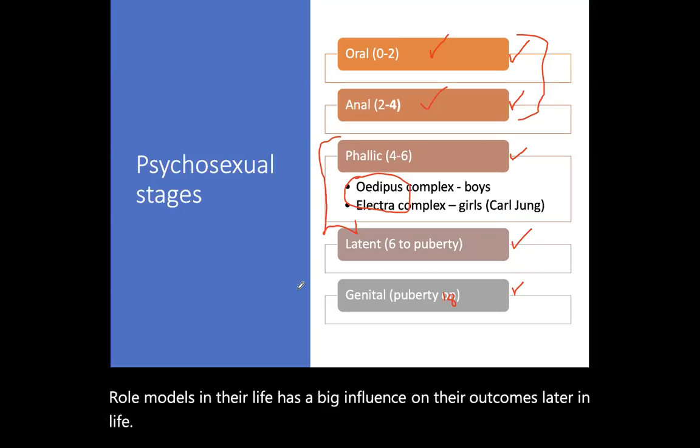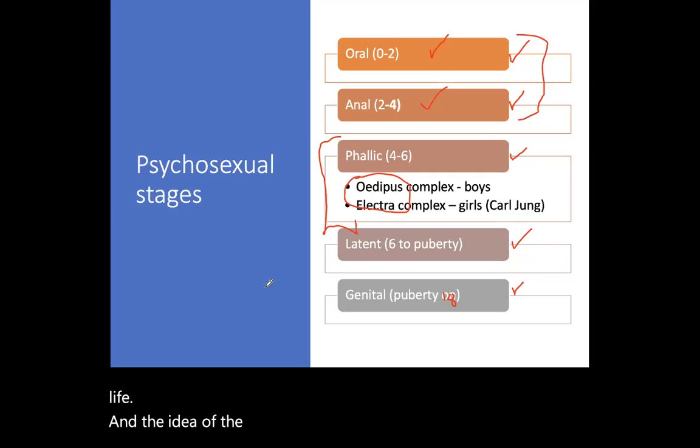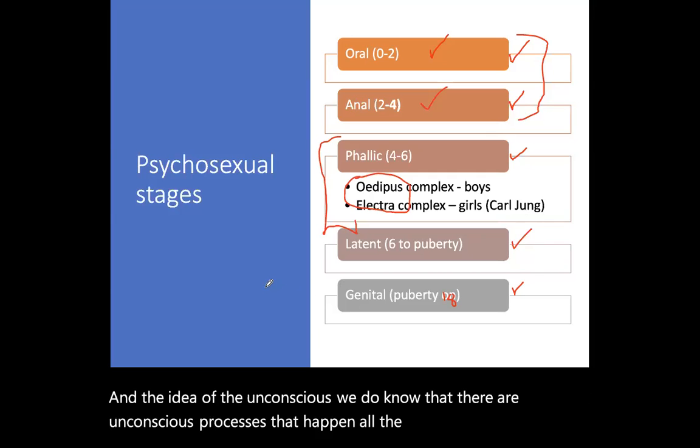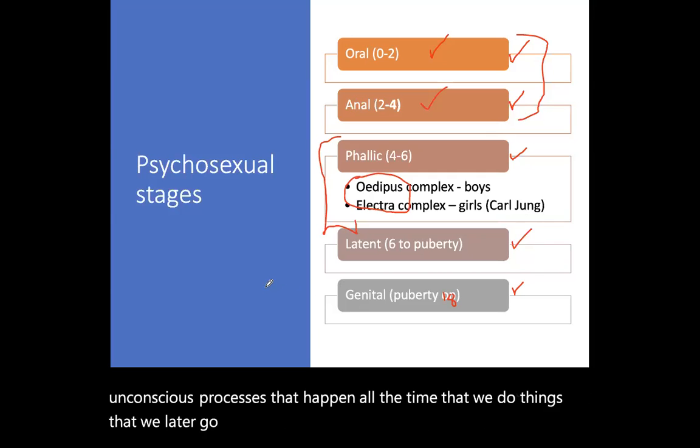And the idea of the unconscious, we do know that there are unconscious processes that happen all the time, that we do things that we later can't explain why we do them.